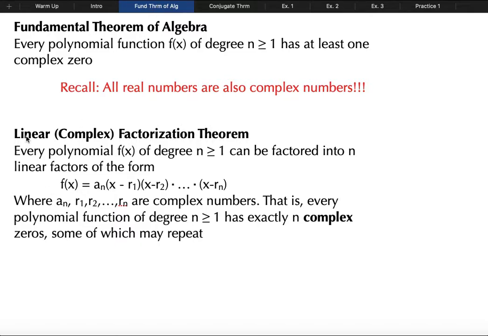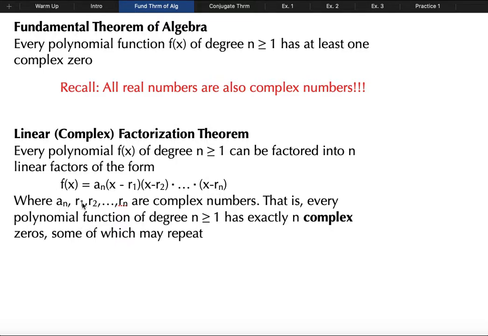This can also segue us into what's referred to as the linear factorization theorem, sometimes called the complex factorization theorem. It says every polynomial f of x of degree n greater than or equal to 1 can be factored into n linear factors of the following form: f of x equals a sub n times (x minus r sub 1)(x minus r sub 2) up to (x minus r sub n).